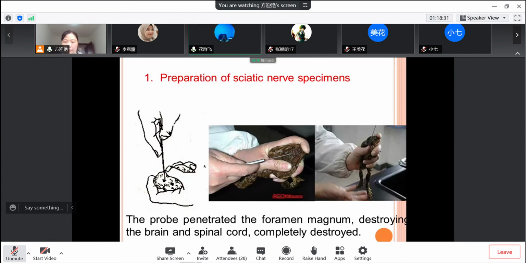Yes, understand. And then we need to confirm the brain death, and second, we cut off the upper torso.